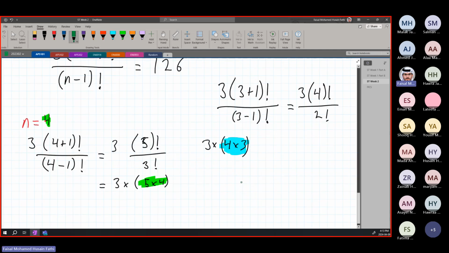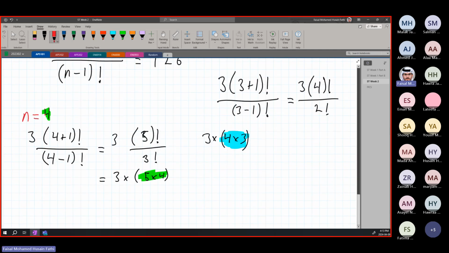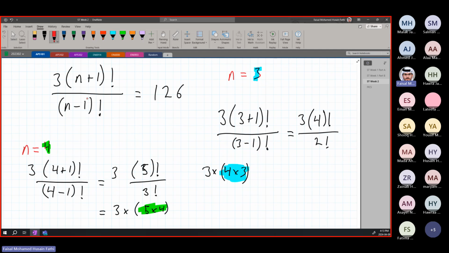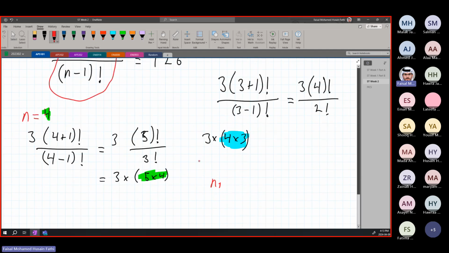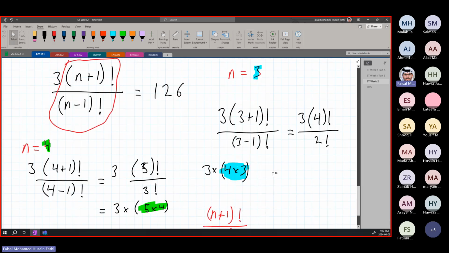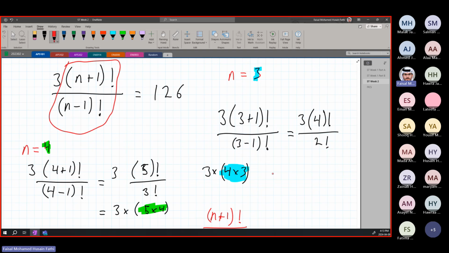So what is the relation that we are seeing for just this part, for just n plus 1 factorial over n minus 1 factorial? What is the relation we are seeing here? We see the first one, which is 4 times 3.